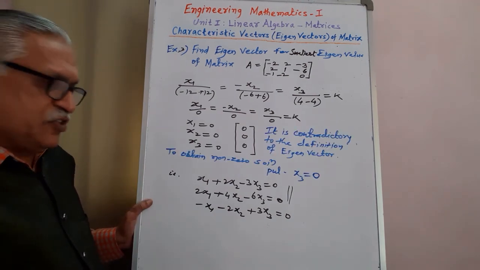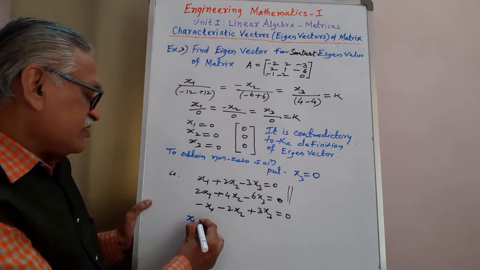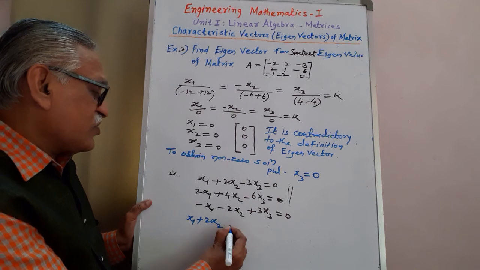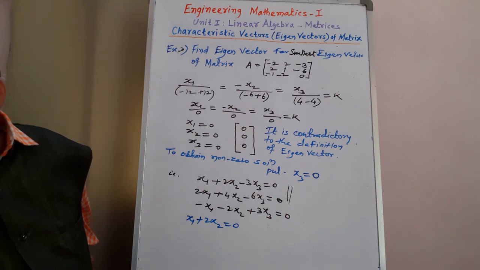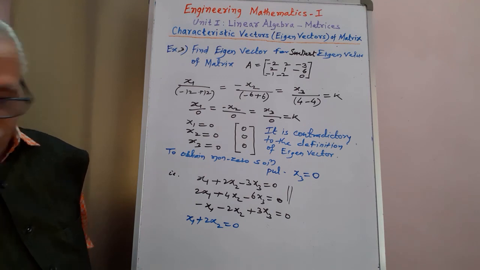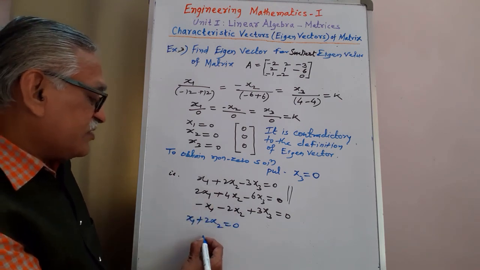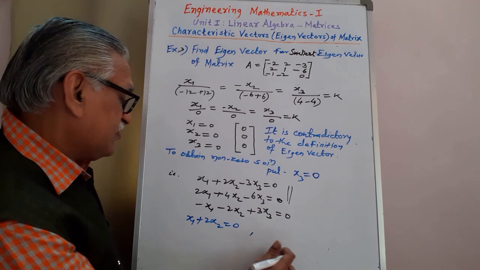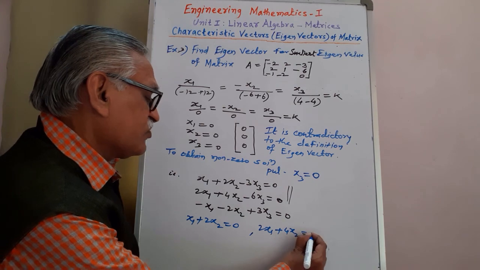Put any variable as 0 and therefore substituting x3 equals to 0, we have the equation as x1 plus 2x2 equals 0 and second equation is 2x1 plus 4x2 is equals to 0.